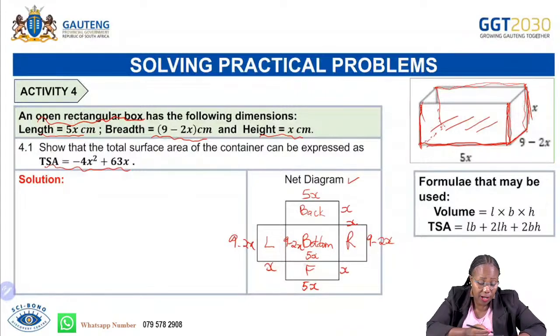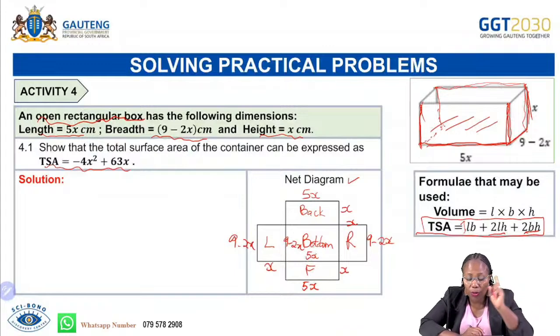And then from here now, we want to calculate the total surface area. So if we look at our formula now, in this case, we have only 2LH, 2BH. For this one, we have only one. Why? Because the top part is open. So the bottom part, we are only going to have one part for this one.